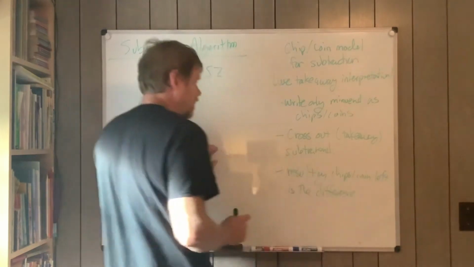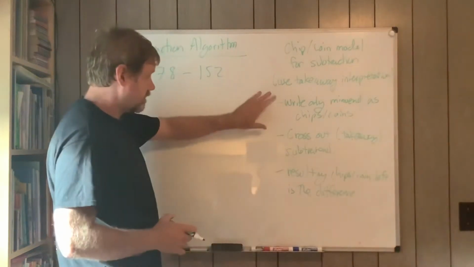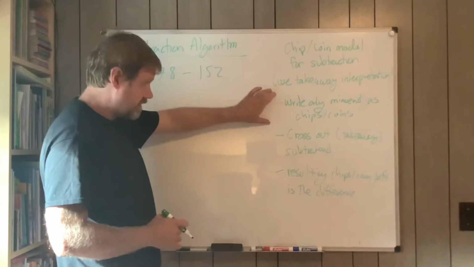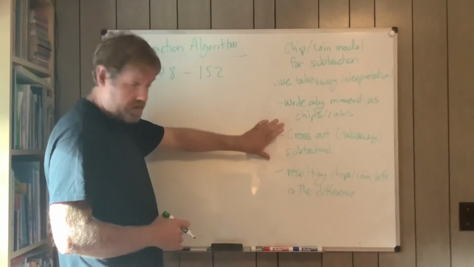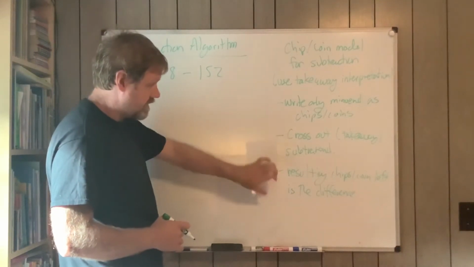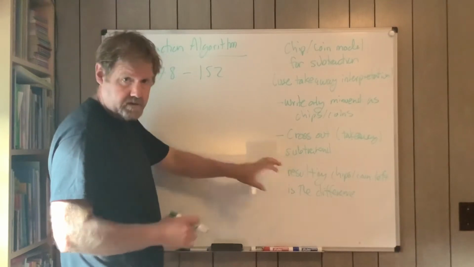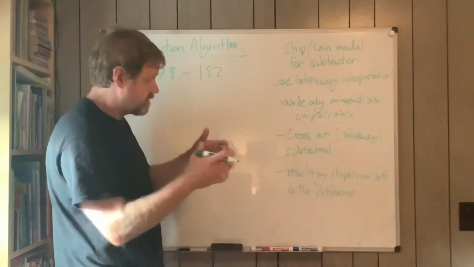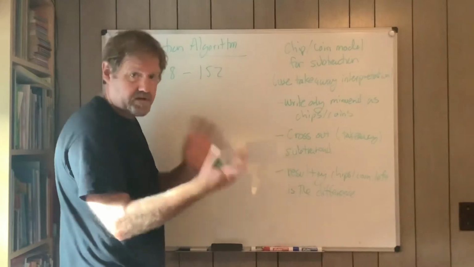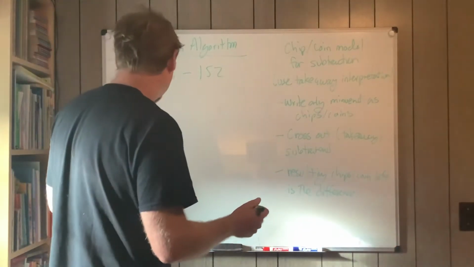So what I mean is, we're going to put the coins down, cross out the subtrahend, and the result is going to be whatever's left. All three of these should be very visible.